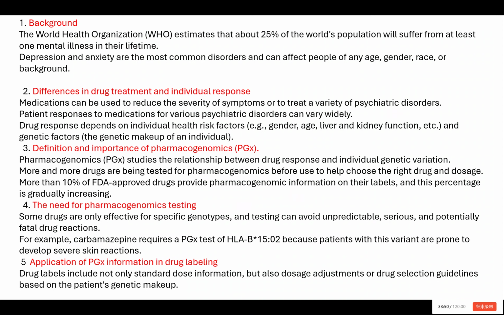For example, carbamazepine requires the PGx test of HLA-B, because patients with this variant are going to develop severe skin reactions.